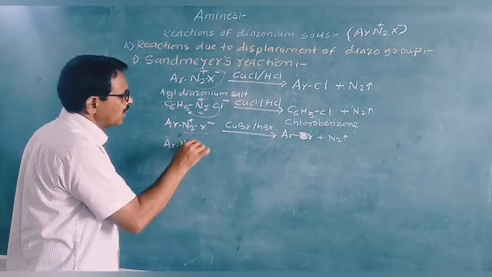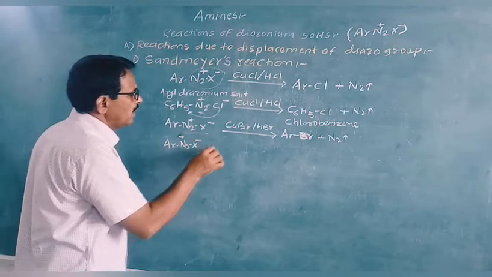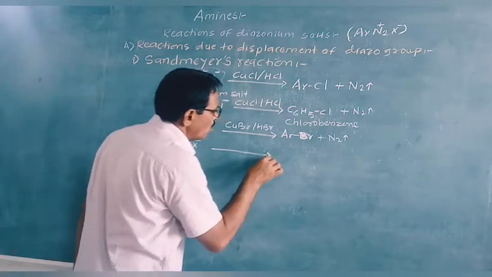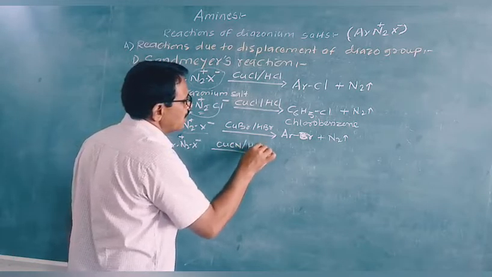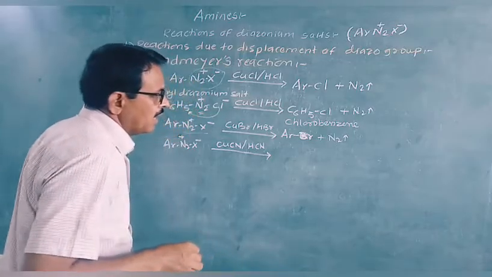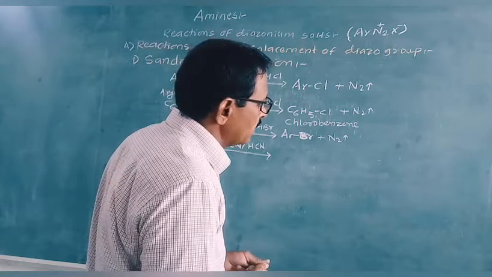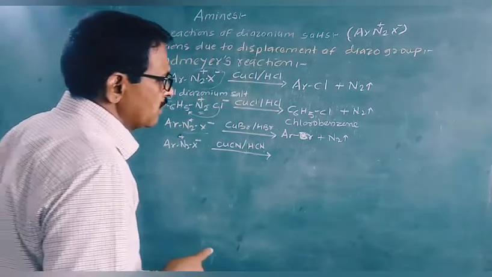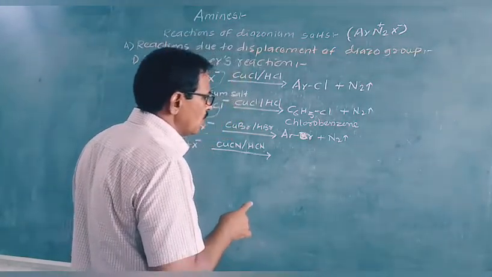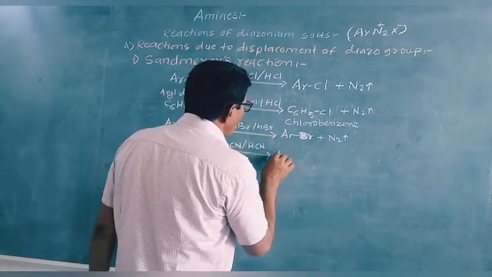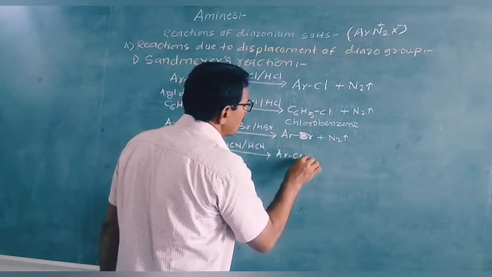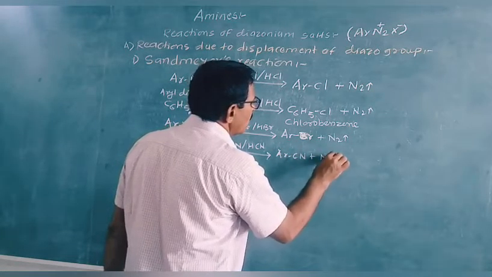Again, ArN2X, we can convert the aryl diazonium halide into cyanides with CuCN plus HCN. It gives ArCN plus N2 gas.